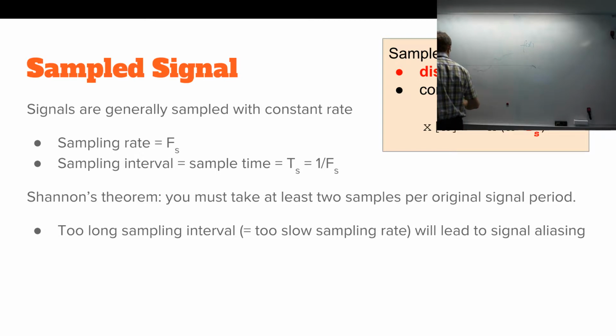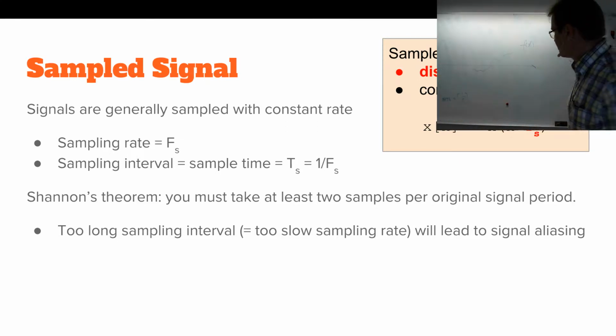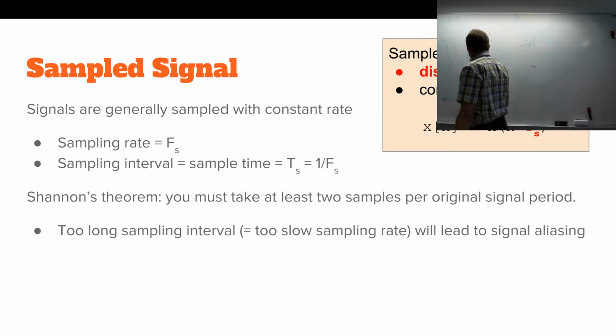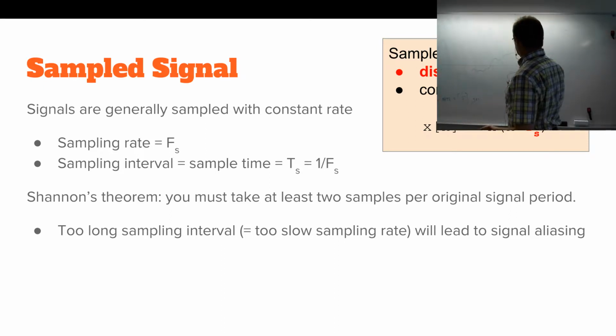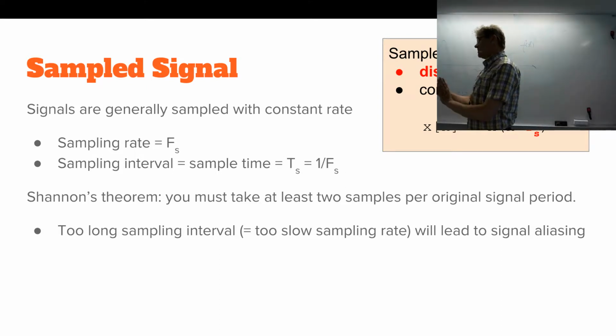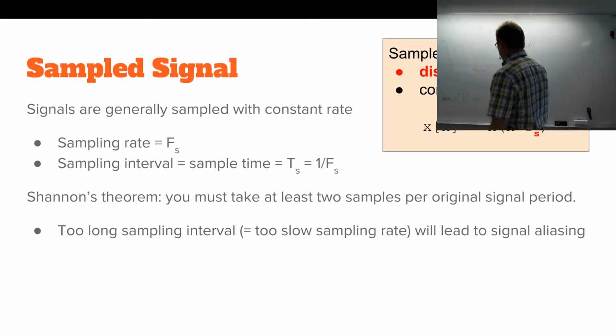Basically, the unit here is 1 over second, not hertz, but 1 over second, samples per second, or SPS. That just tells how many samples with a constant sampling time in between are in 1 second.